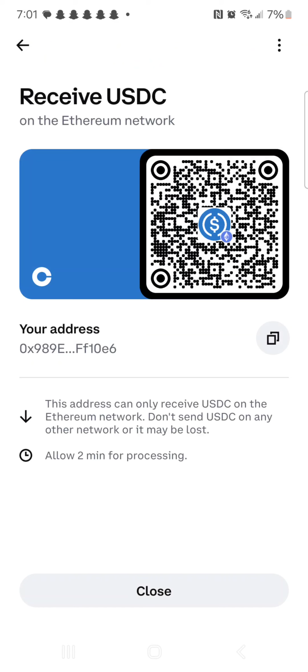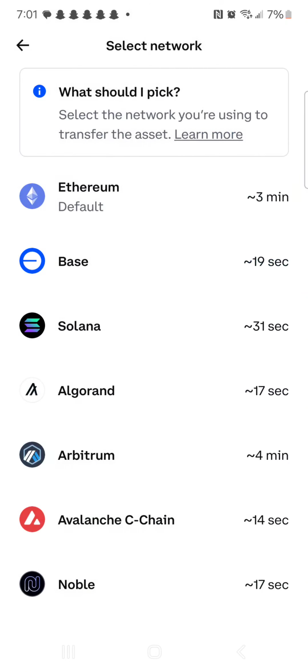Personally, unless it's on Ethereum, I would not swap it into Ethereum, unless you have to, because Ethereum is the most expensive. Recently I bought coins that are only on Ethereum. I wish they were on other chains, but they are only on Ethereum.